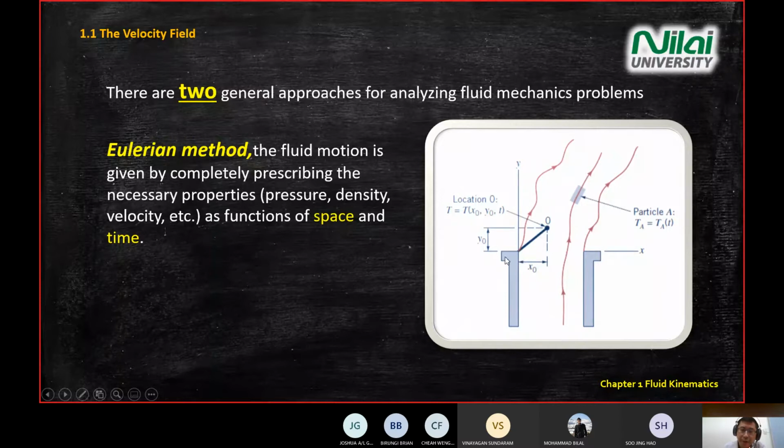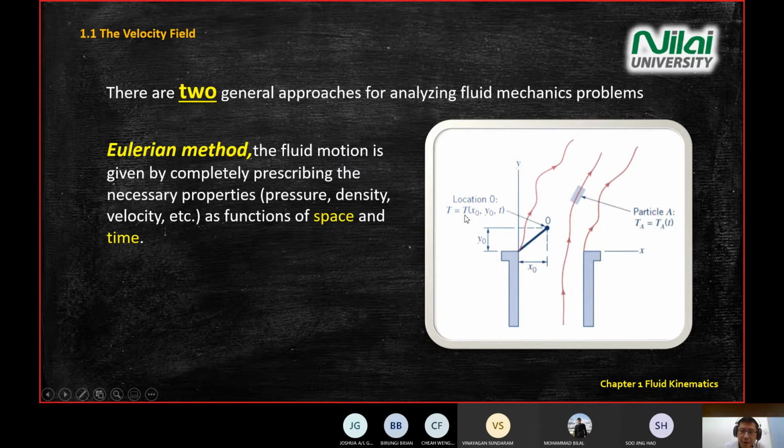So what is the Eulerian method, which is the first method? The Eulerian method is where we make measurements based on a stationary probe. It means you stand there without moving, and you measure the velocity of the smoke at this stationary station.